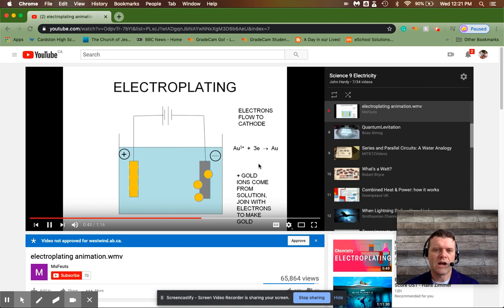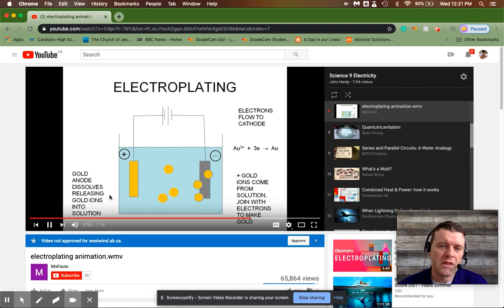And you can see this reaction here, which you don't need to know, but Au 3+, Au is the symbol for gold, will combine with 3 electrons on the cathode, and they'll make gold. And so gold will start to layer on the negative electrode.